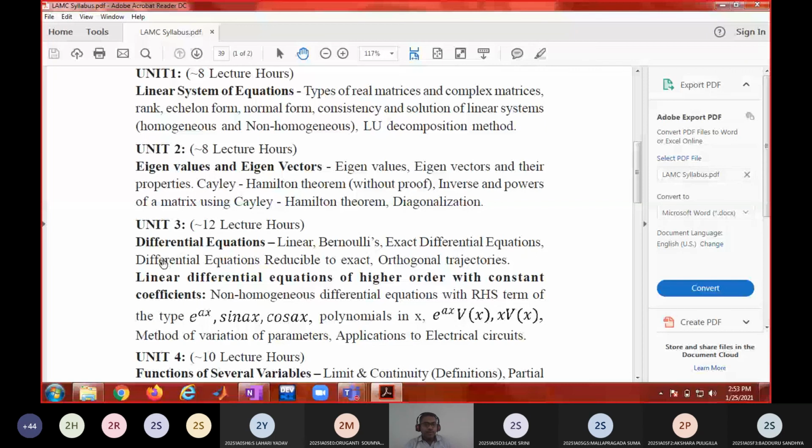And the differential equation reducible to exact, which is a type 6 differential equation, and orthogonal trajectories as an application of differential equations, we will discuss maybe after mid examinations, or if you are comfortable with this syllabus and want me to proceed, I can continue the discussion also.